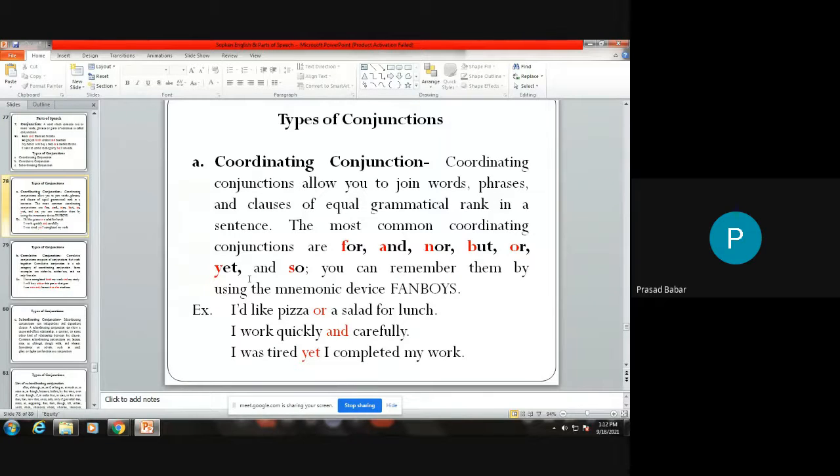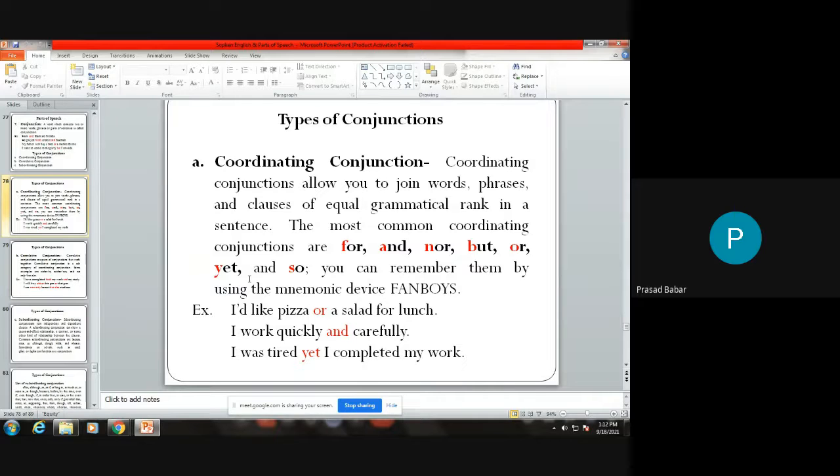First is the coordinating conjunction. What is the coordinating conjunction? Coordinating conjunctions are the conjunctions which allow you to join words, phrases, and clauses of equal grammatical rank in a sentence.